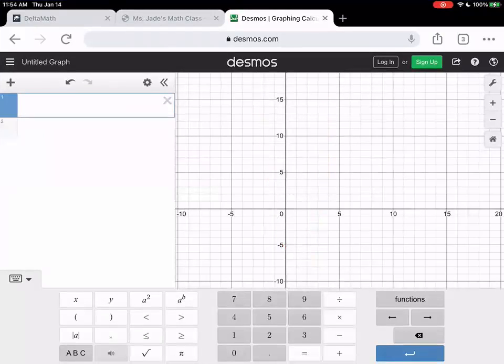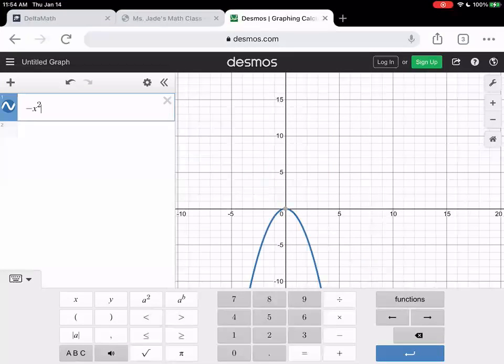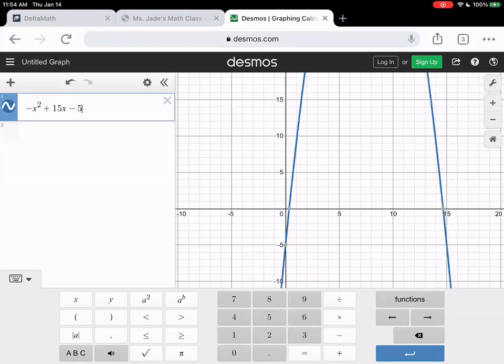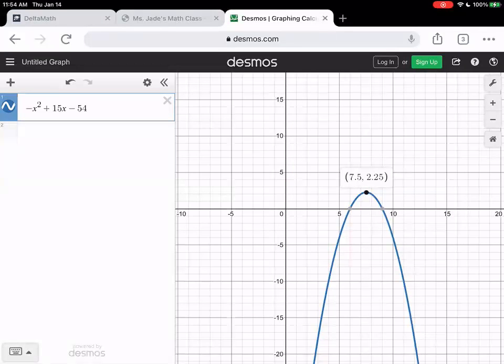So we have negative x squared plus 15x minus 54. Okay, there we go. And here's our vertex. It's okay that it's got decimals. They're just regular numbers. So we have 7.5, 2.25.